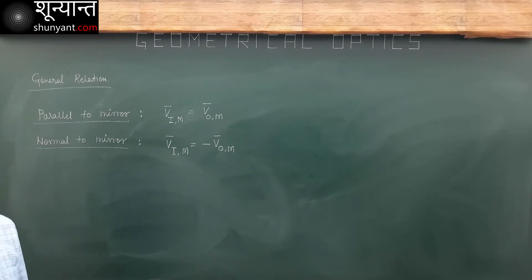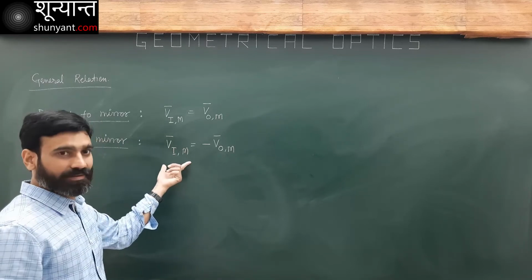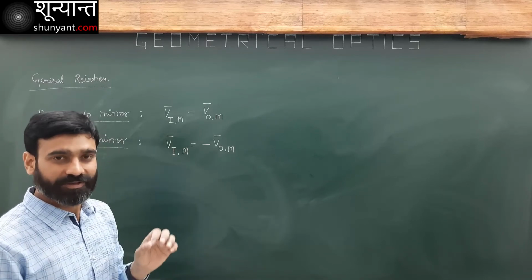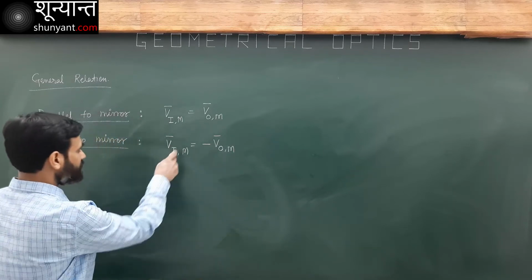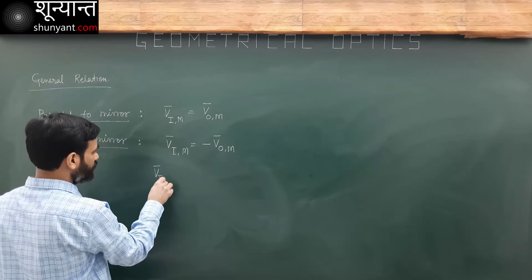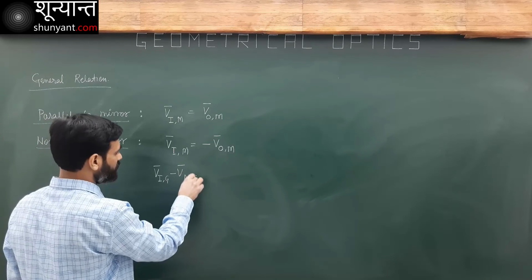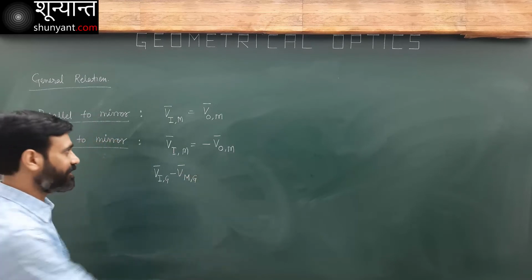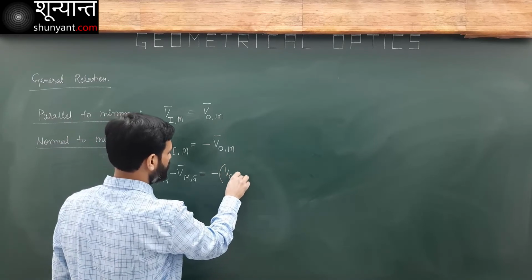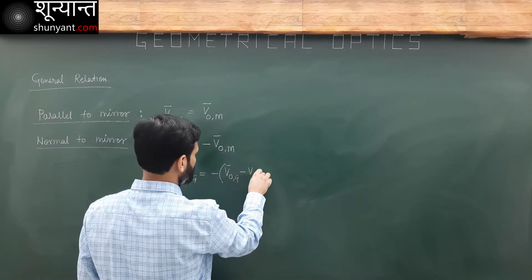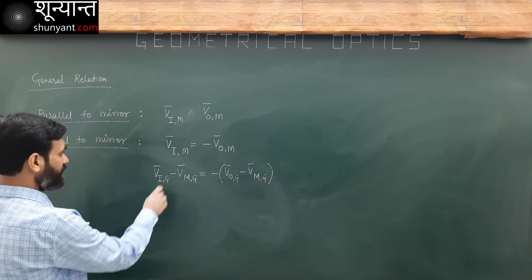Do you see this? Now I can rearrange this to find velocity with respect to ground. Try to recall the relative motion. This is equal to velocity of image with respect to ground minus velocity of mirror with respect to ground. Do you see this? Is equal to minus of velocity of object with respect to ground minus velocity of mirror with respect to ground. Now this I can rearrange.